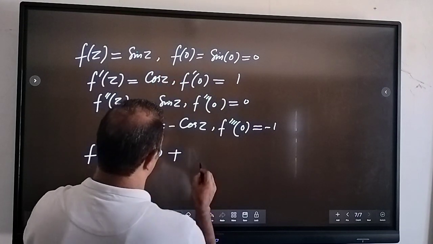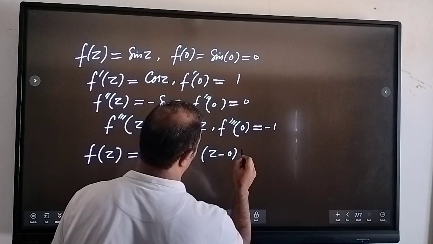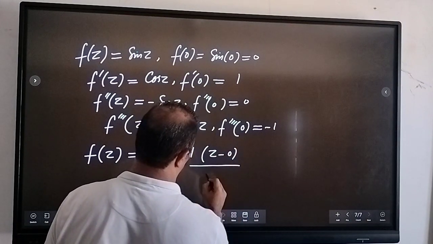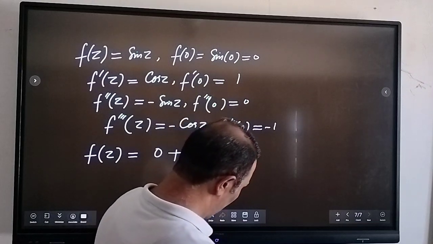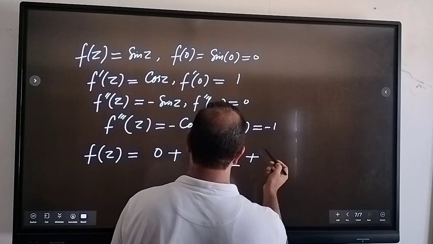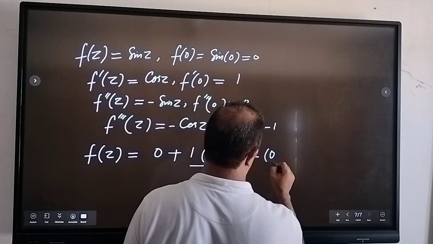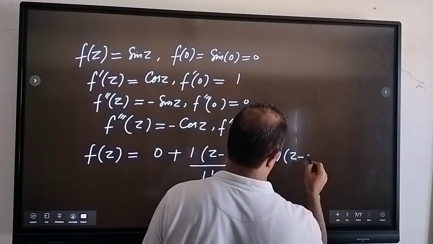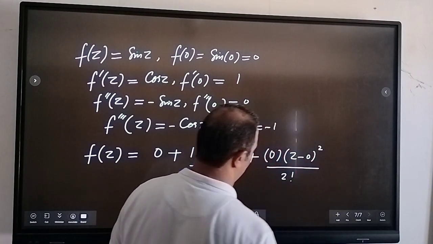So f dash of 0 equal to 1 into z minus 0 divided by 1. Okay, so this is our second expression, and similarly we can have another term, that is f double dash of 0, so that's our 0 value, times z minus 0 square.